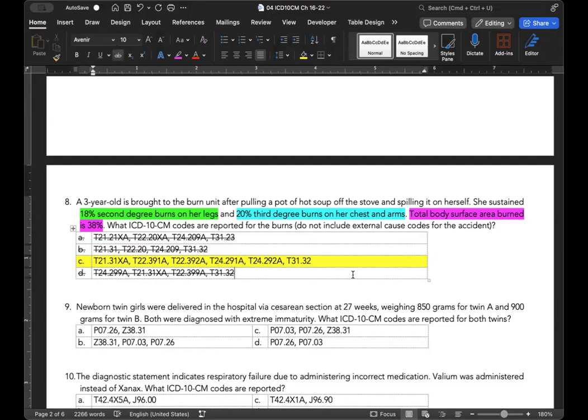Did I just hear a sigh of relief collectively amongst all of you? So, the total body surface area, being that it's third, it was 38%.